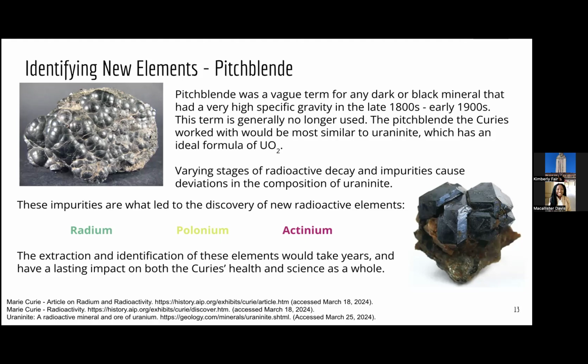And the varying stages of radioactive decay and impurities cause deviations in the composition of uraninite. And these impurities are what led to the discovery of new radioactive elements such as radium, polonium, and actinium. The extraction and identification of these elements would take years and have a lasting impact on both the Curies' health and science as a whole.